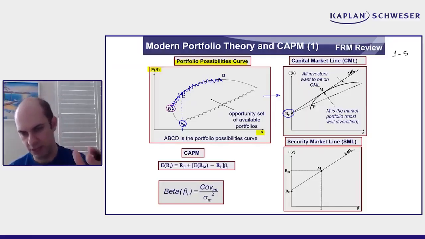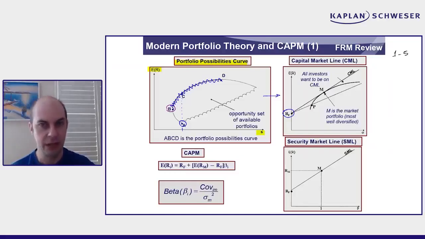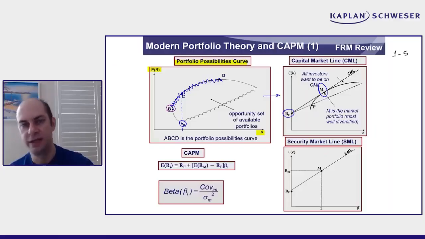And we're going to be combining that asset with the efficient frontier in a special kind of way. We will be selecting a particular portfolio in the efficient frontier, which will be the tangency portfolio. In other words, the portfolio where the line touches but does not cross the efficient frontier.